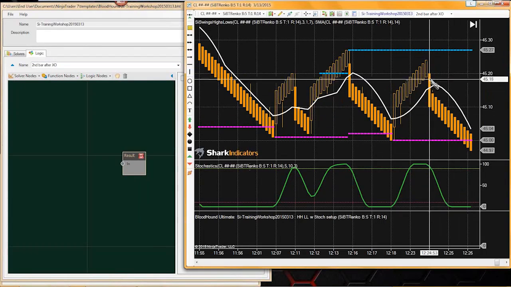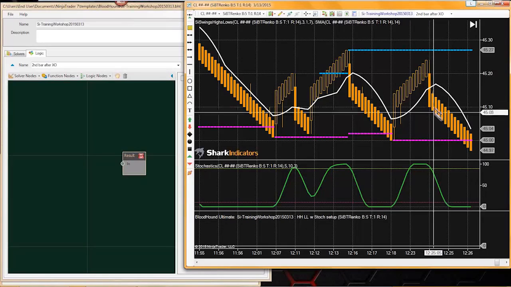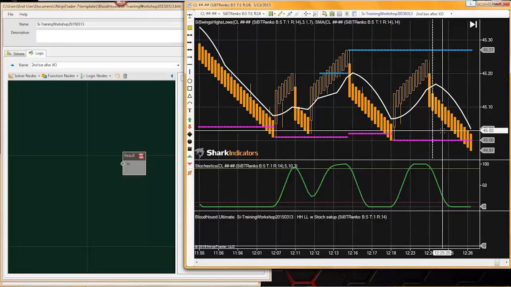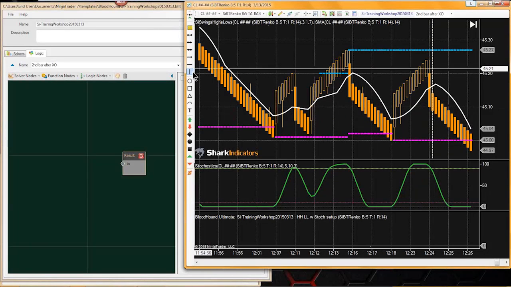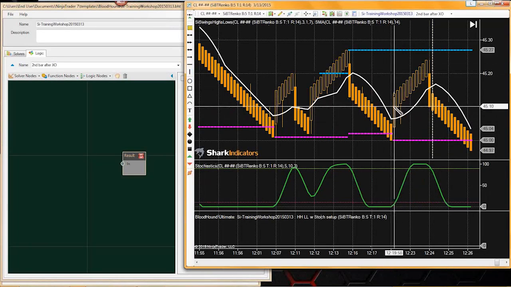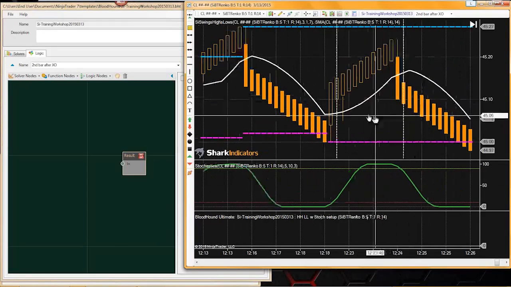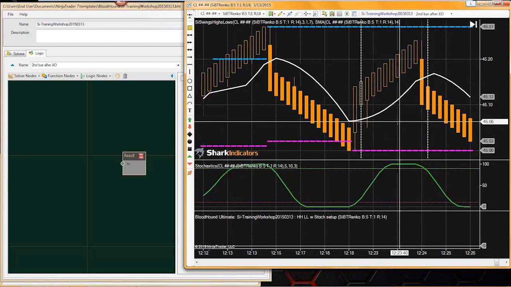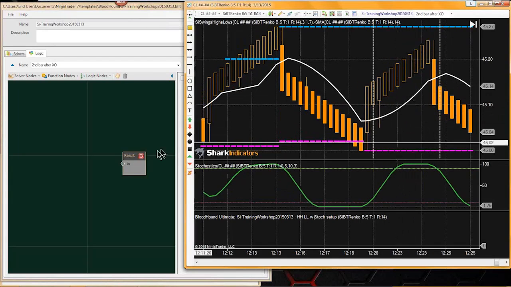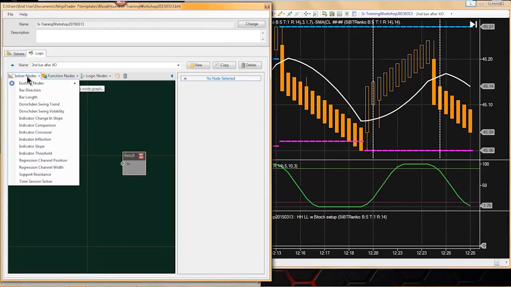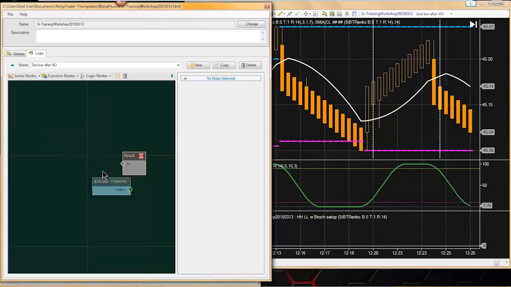This is the first bar of the crossover. And so we want to signal there, and we want to signal there. Okay, so we can see on the chart, I've got those marked. So let's throw a crossover on here.